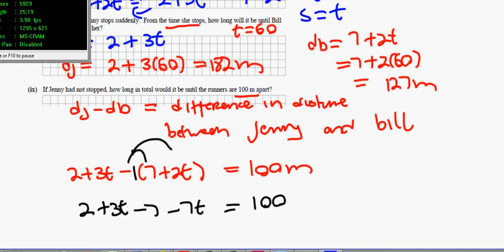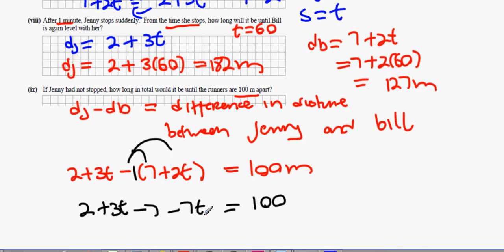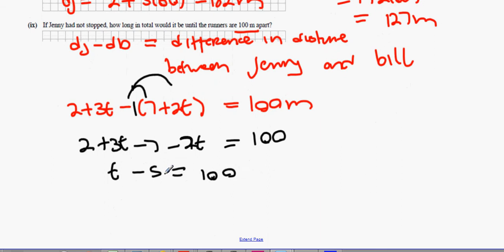Sorry, excuse me, it's 2t. So 3t minus 2t is t, and 2 minus 7 is minus 5, so t minus 5 equals 100. Now we bring 5 over to the other side, and t is therefore equal to 105 seconds.